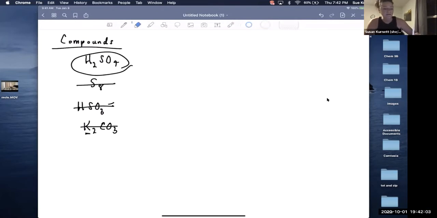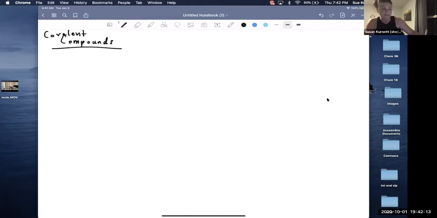There are 4 kinds of covalent compounds. The first one are the ones that have common names. How many of those do we have in our class? Five.